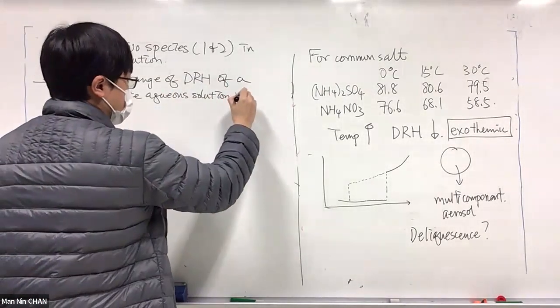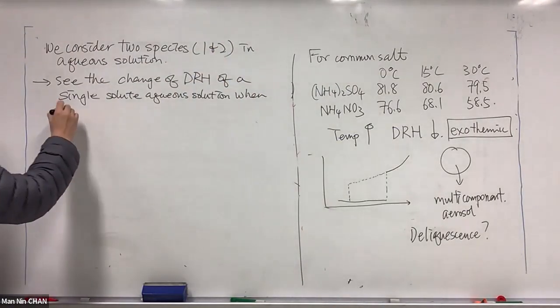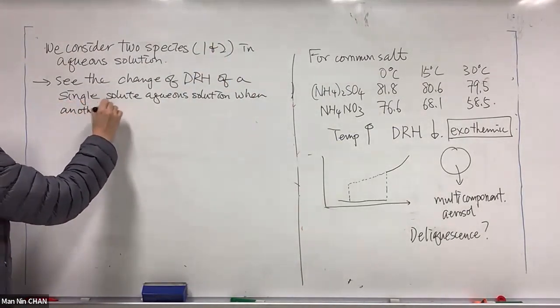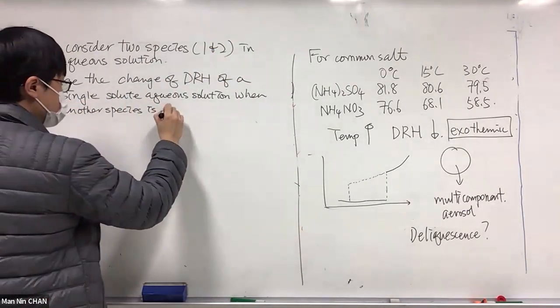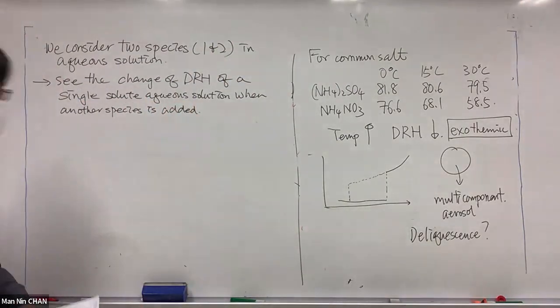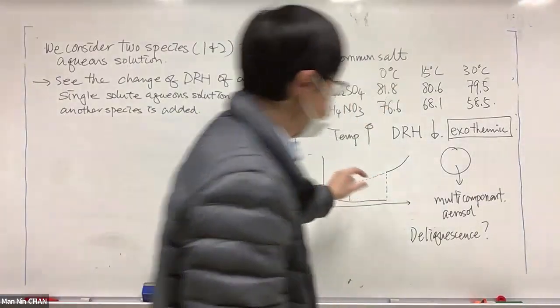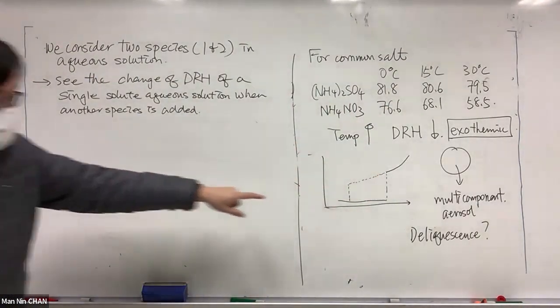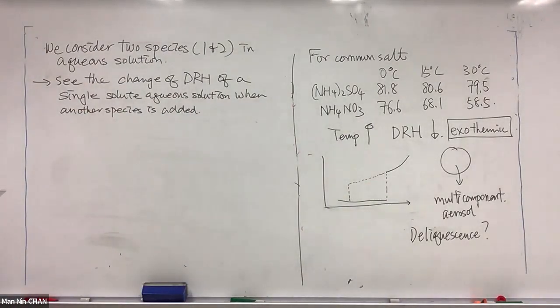Now because we have two species in our system, say when another species, 2, is added. Initially you only have one single species, then you have a sharp DRH, a deliquescence point here. So what will happen to this DRH if I add another species into your system?